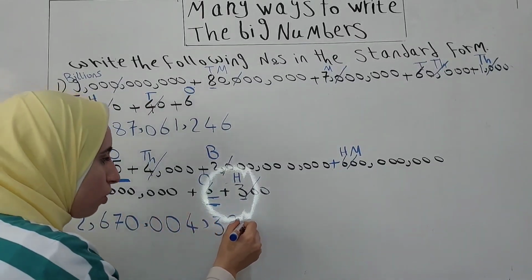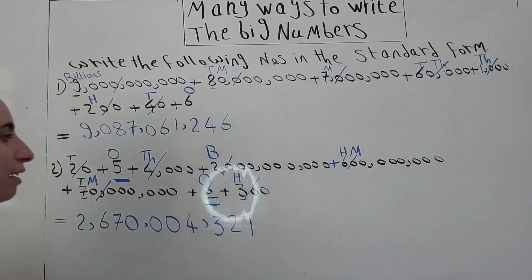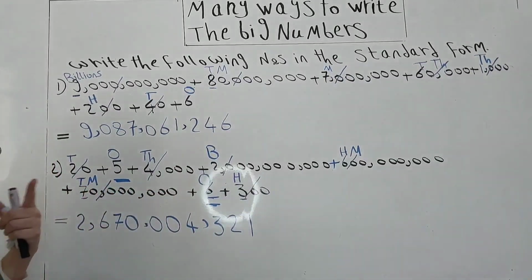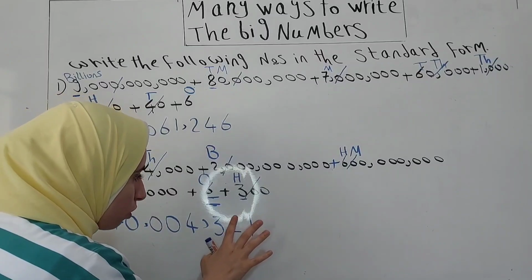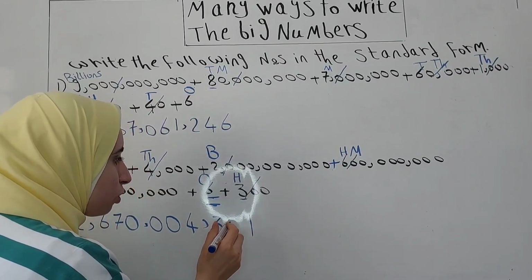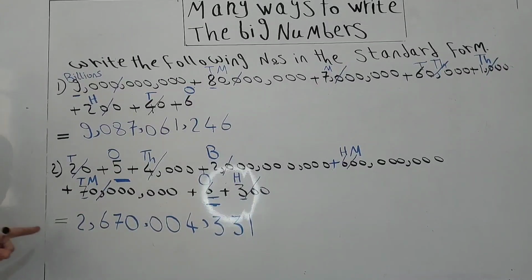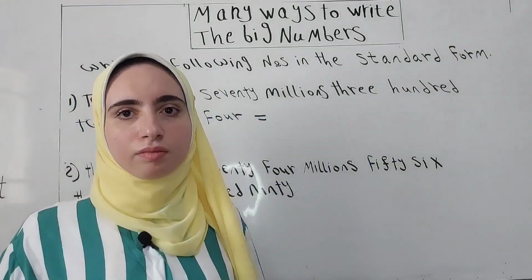No. So we write 1 and carry 1 to the next digit. 1 plus 2 equals 3. So we cross out 2 and write 3. That's how we can write the number from the expanded form to standard form.